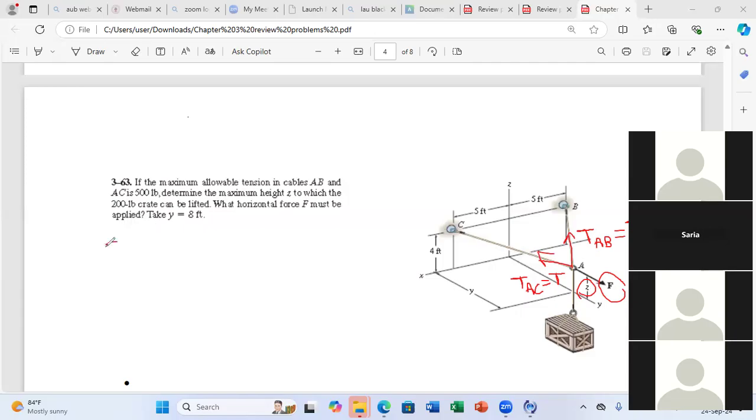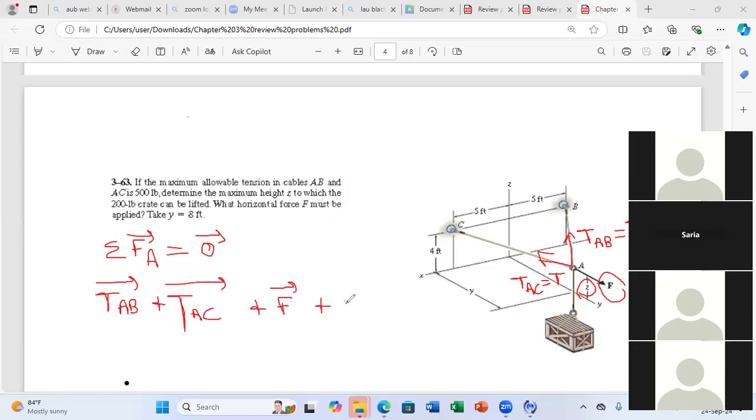So you say the condition of equilibrium is sum of forces about A equal to 0. And then you write, you have first TAB vector plus TAC vector plus F plus weight equal to 0, okay?